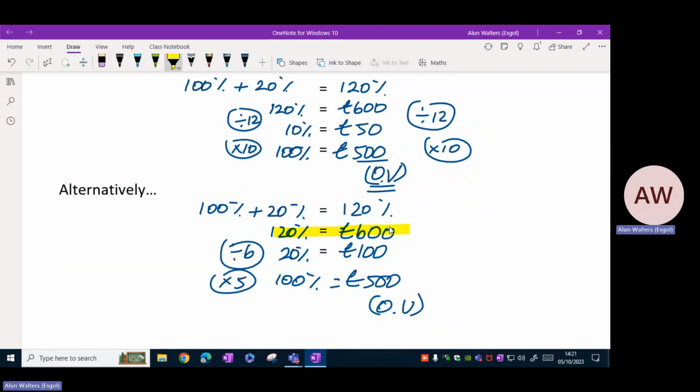But that is the key statement. It's definitely not 80% is £600. You have increased the value of something, so you're adding 100% and 20% to say that that item, which is £600, is actually 120%.